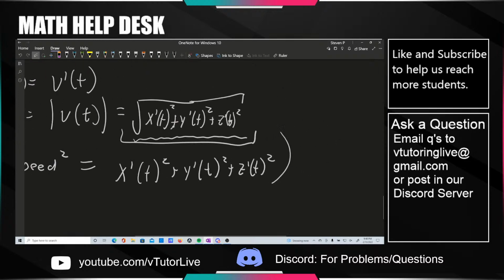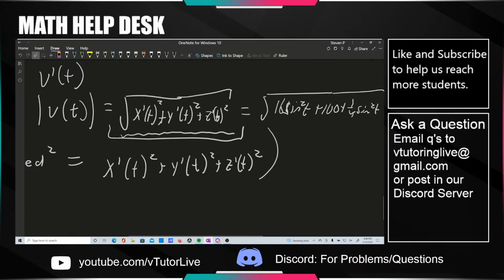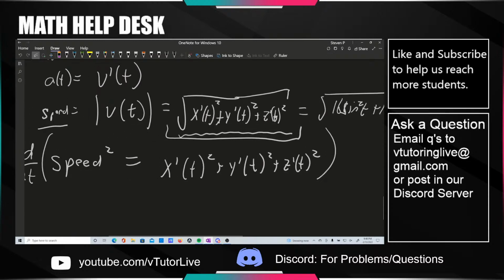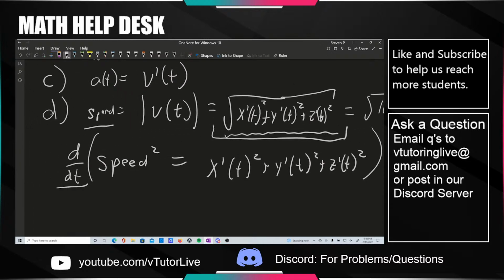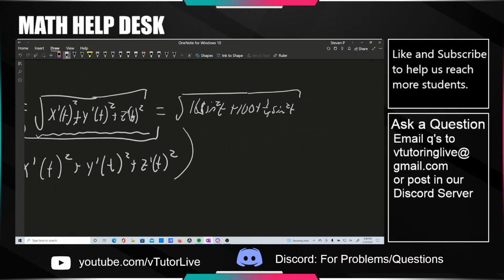I see. So just to make this a tiny bit more explicit, this turns into the square root of 16 sine squared of t plus 100 plus a quarter sine squared of t. So at this point, you're taking the derivative of speed squared, which is just what's inside here, right?